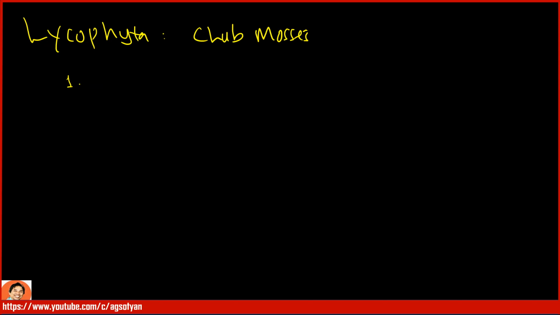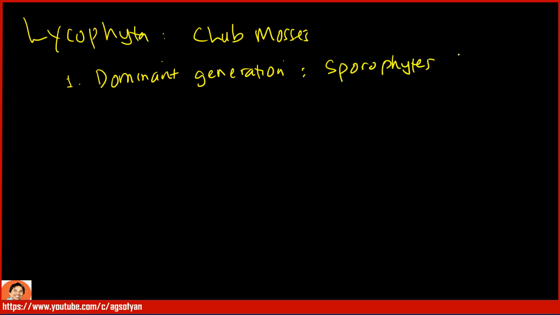But for the vascular plants, the dominant generation is the sporophyte, which is 2N, or diploid.